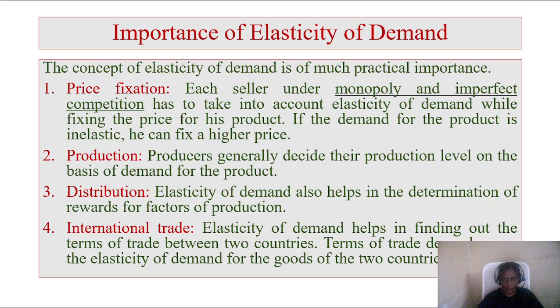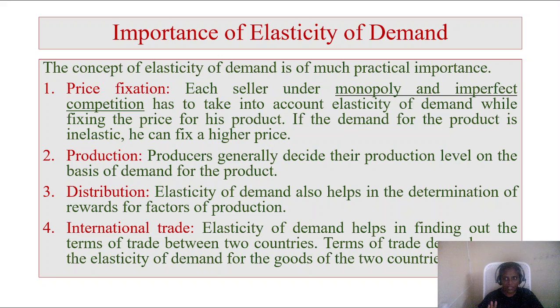Then imperfect competition is also a kind of market where producers sell different kinds of goods. In a perfect competitive market, so many buyers and so many sellers are selling homogeneous commodities, but here they sell different commodities.